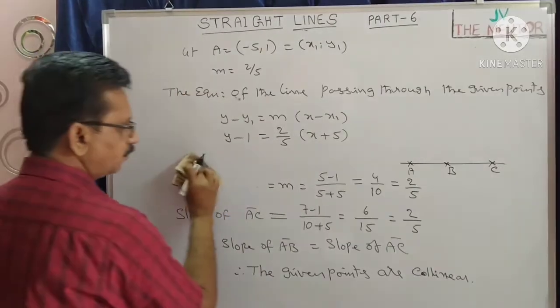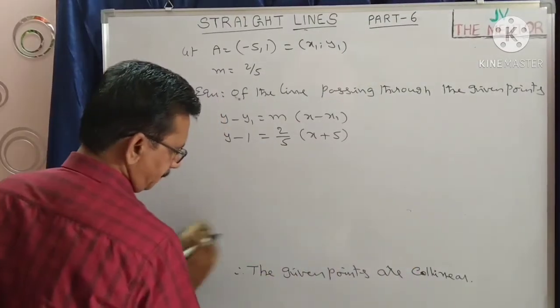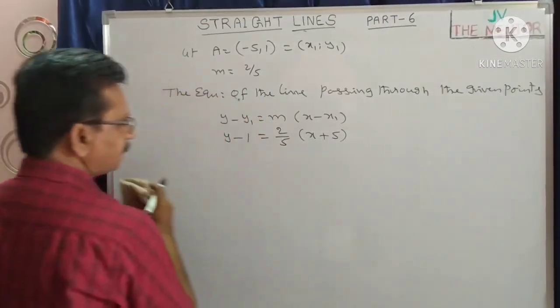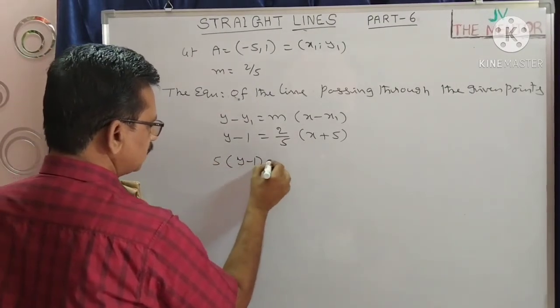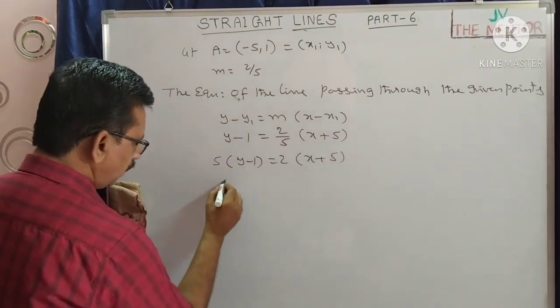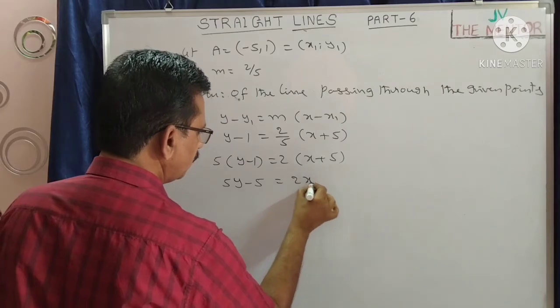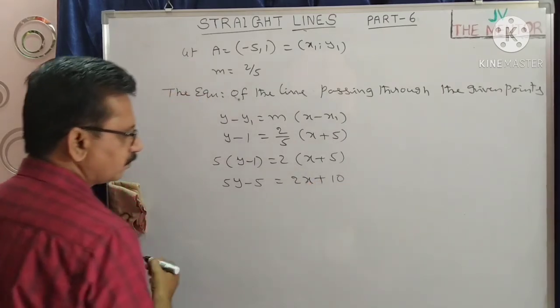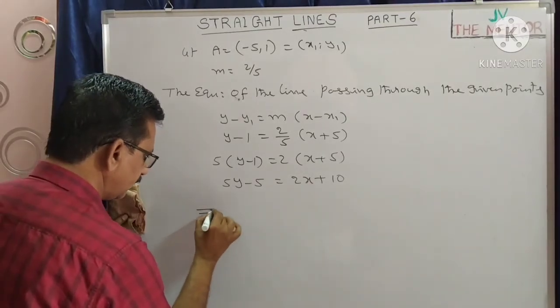Now cross multiplication. 5 into y minus 1 equal to 2 into x plus 5. 5y minus 5 equal to 2x plus 10. Take 5y minus 5 to the RHS.